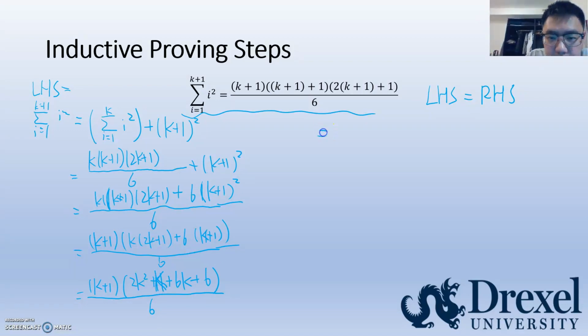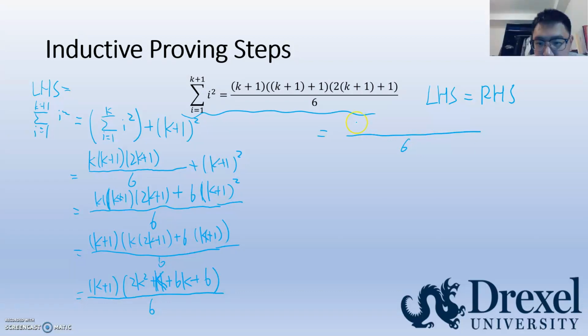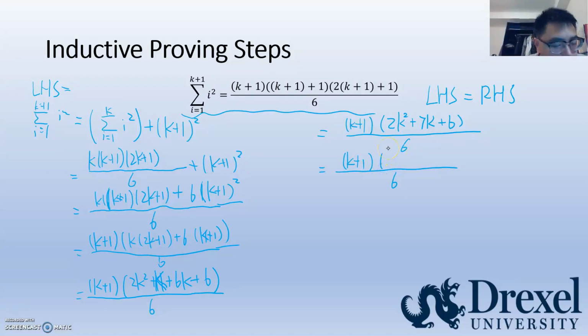And it equals, the denominator is also 6. The first term is k plus 1, and the second term changes to 2k squared plus 7k plus 6. And then I wanted to factor the second term of the numerator. Here I factor it as k plus 2 times 2k plus 3.